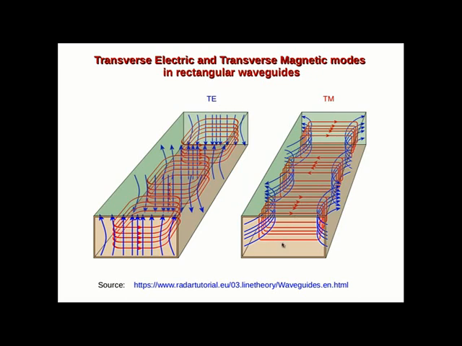And if the propagation is happening in such a way that the magnetic field is always normal to the direction of propagation and has no component of it in the direction of propagation during this entire flow of energy, it is called transverse magnetic or TM polarization. This is what it is like in the case of rectangular waveguides.